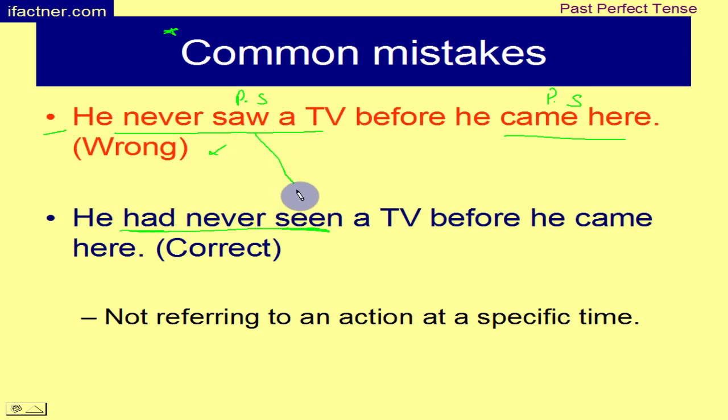It's an irregular verb and the third form is seen: see, saw, seen. The correct sentence is he had never seen a TV before he came here. So we use past perfect tense in this scenario.